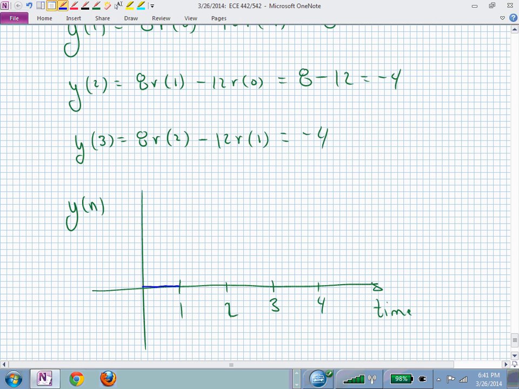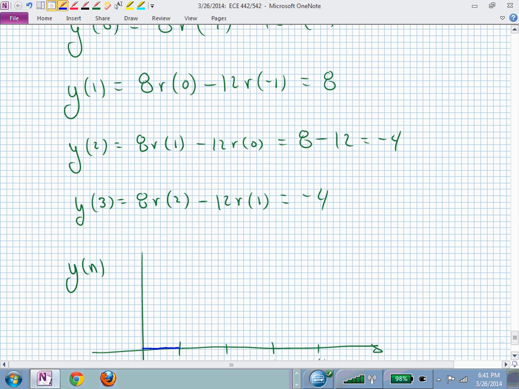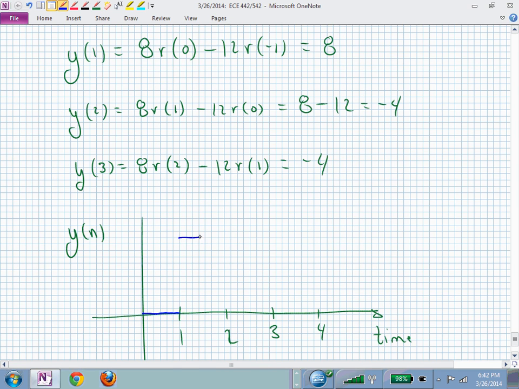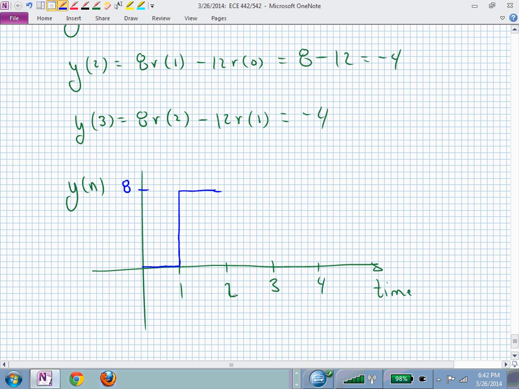There's where we were at 0 up to the first sample period. Then what happens? y of 1, we jump up to 8. Then what happens? Then we get down to minus 4, don't we? And we just keep there. Do you see the deadbeat behavior in this response?